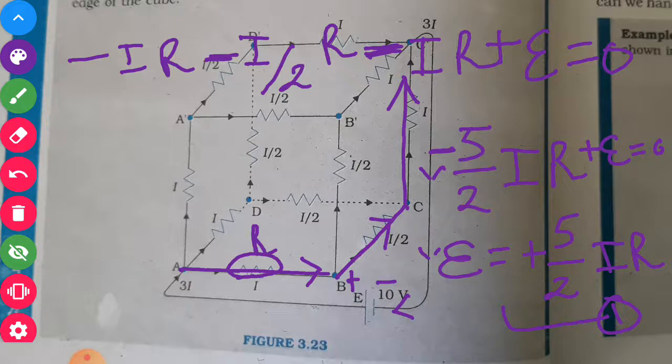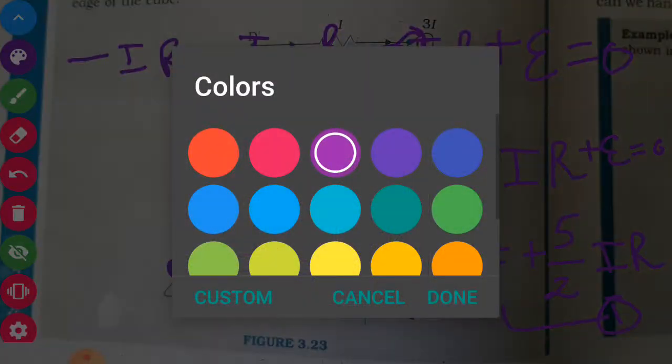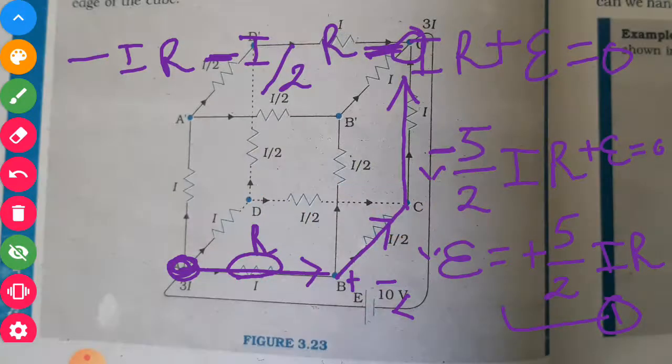Now we want to find out the equivalent resistance between A and C prime. This A point we consider, and this C prime point. So remove this whole cube and put a resistance here between these 2 points, which is the equivalent resistance of the cube, and we take this as Req.